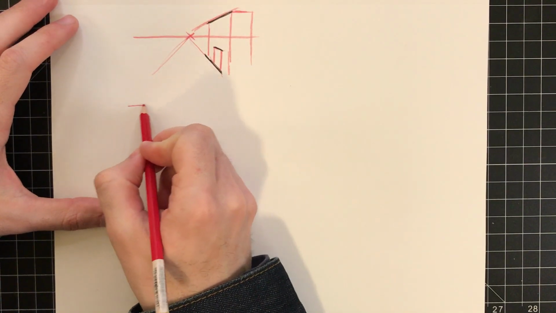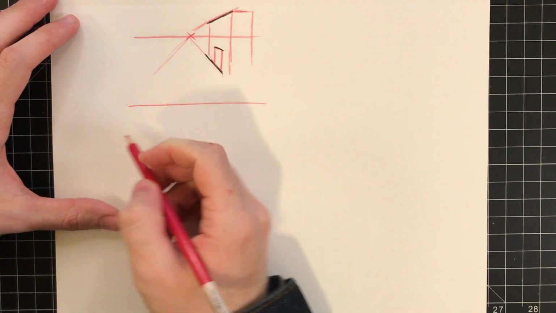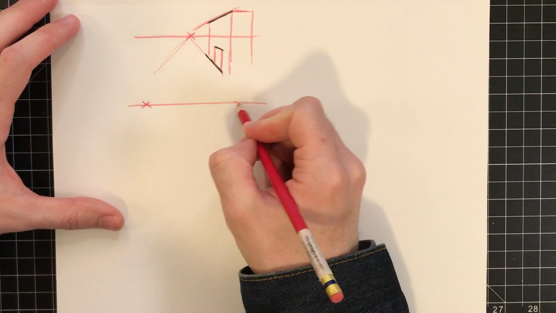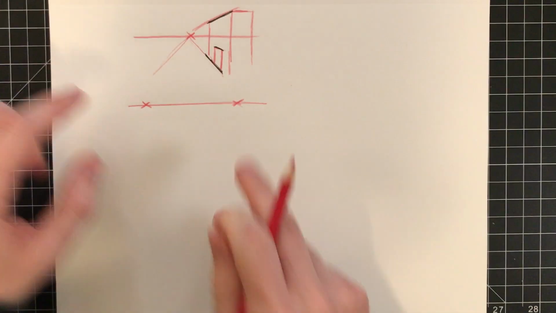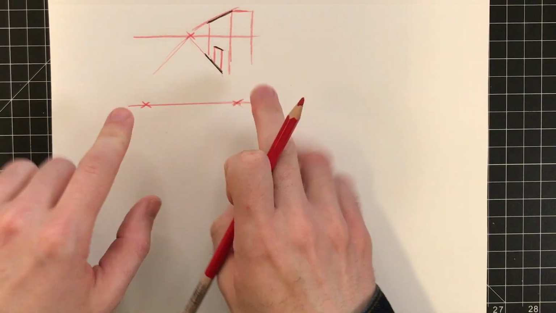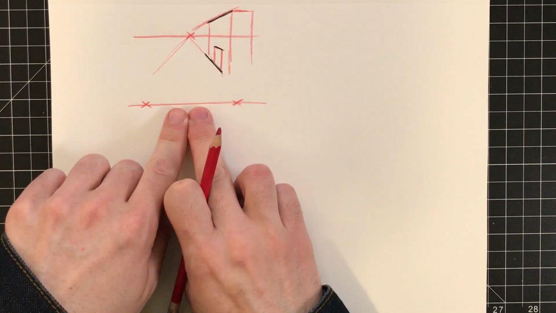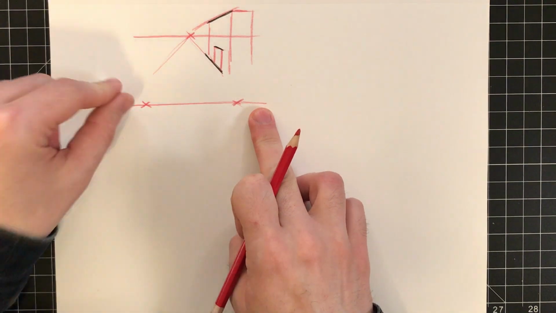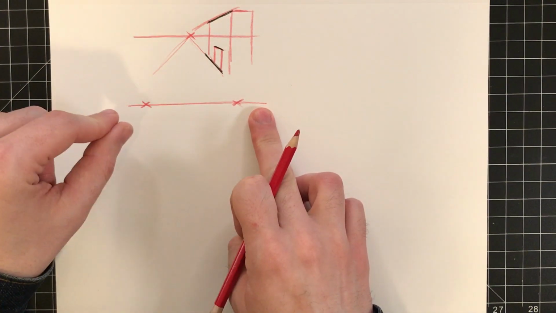Now, the difference is with 2-point perspective, you get 2 vanishing points on the horizon line. They're still on the horizon line, they always have to be, but now you have 2, and there's a very particular time you use this.